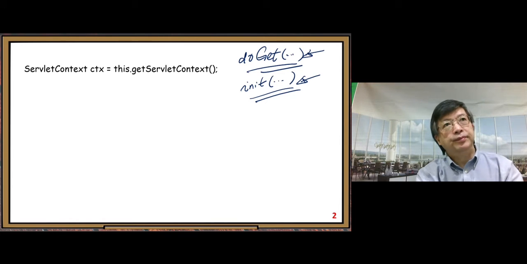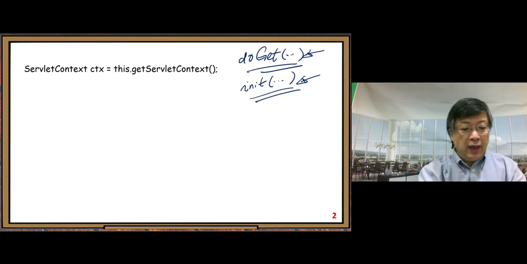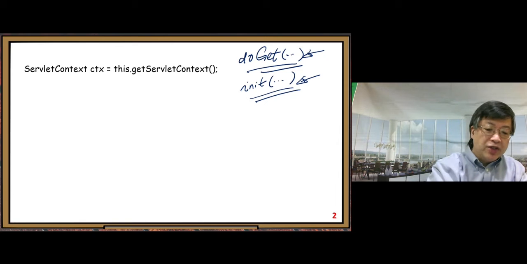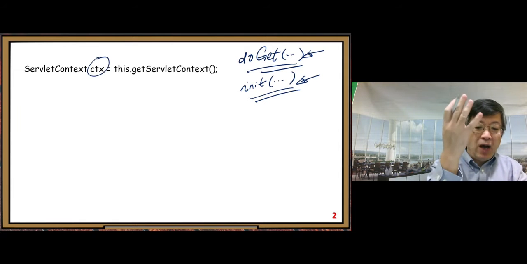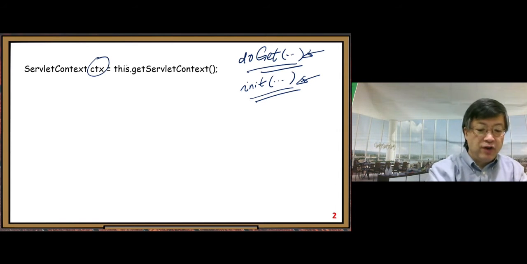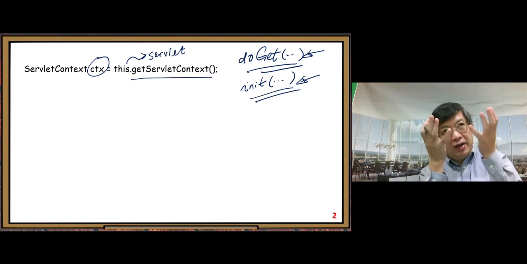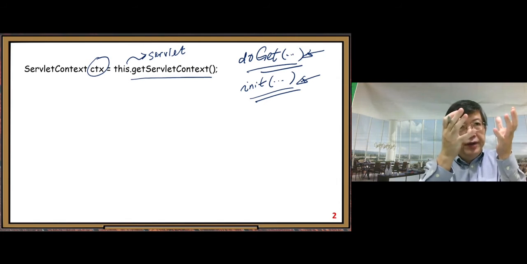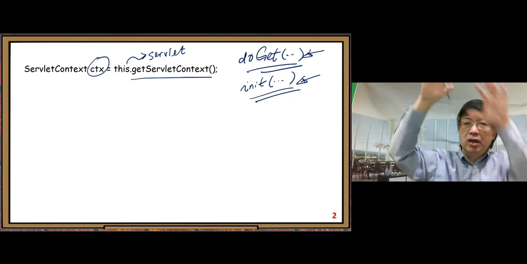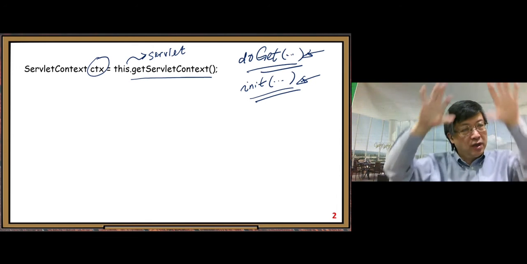First we get a servlet context object, which refers to the servlet. The servlet context contains the context. What's the context?